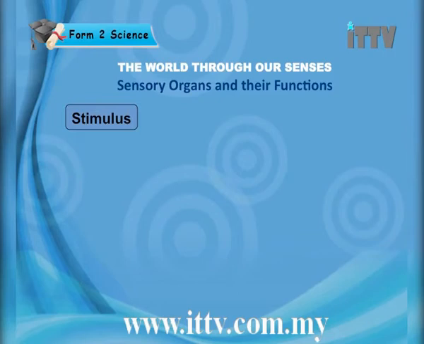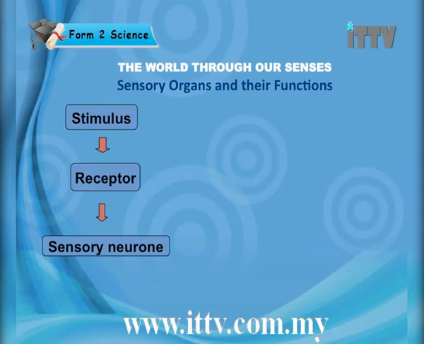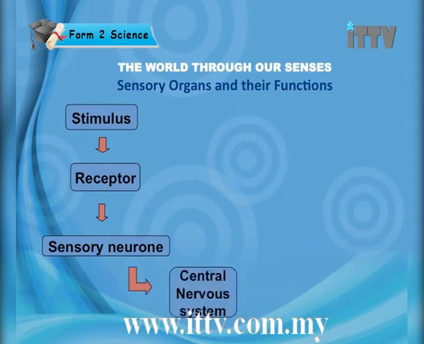We start with the stimulus. The stimulus goes into a receptor. The receptor goes into a sensory neuron. The sensory neuron carries a nerve impulse to the central nervous system, which is our brain. The brain makes analysis.